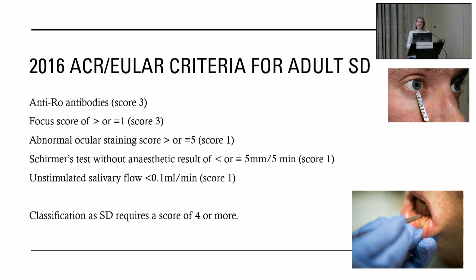In reality, we often don't need to go as far as doing many of these investigations. They're often anti-Ro positive. If they've got very dry eyes, and their optician has said they've got dry eyes, their dentist has said they've got a dry mouth, and they've had lots of dental caries, that may well be sufficient to make a diagnosis. This is classification criteria, which is much more strict, for clinical trial purposes.